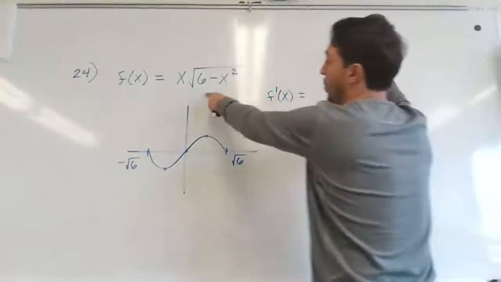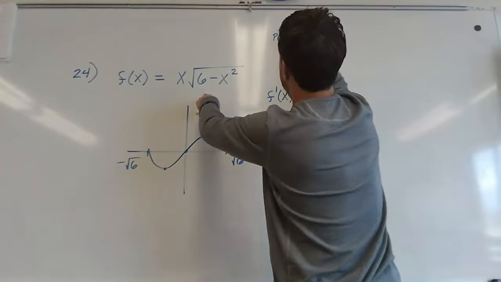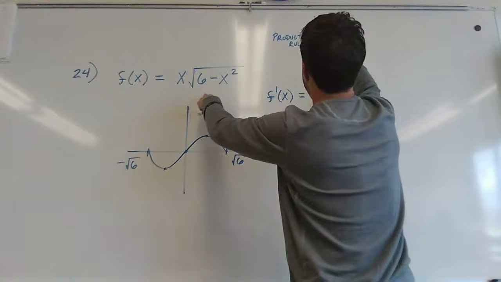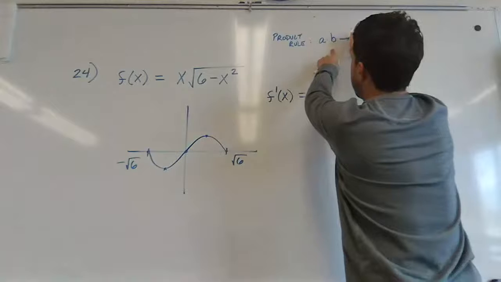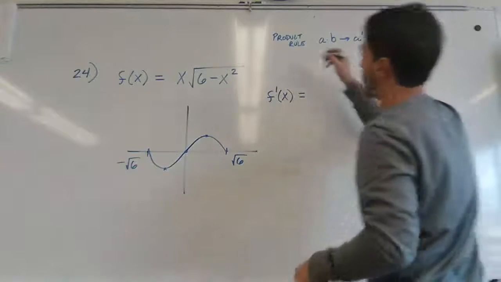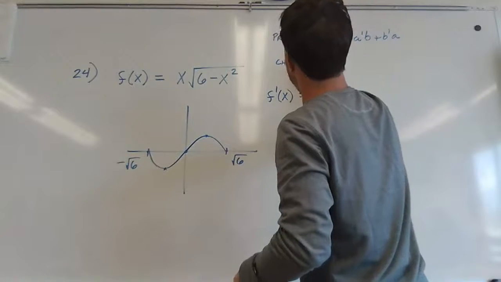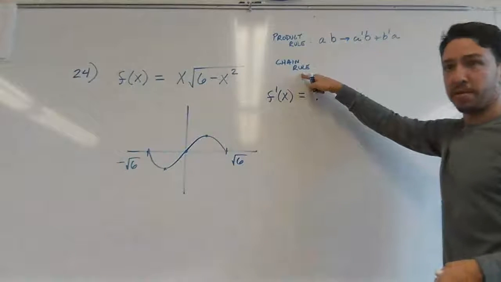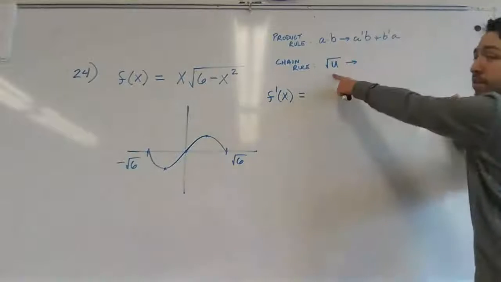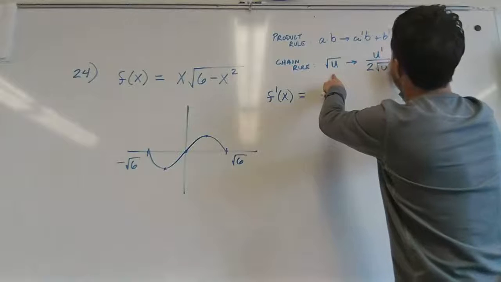So remember the product rule: the derivative of A times B is A prime B plus B prime A. And we're also going to use a specific example of the chain rule, which is that the derivative of root u is u prime over 2 root u.